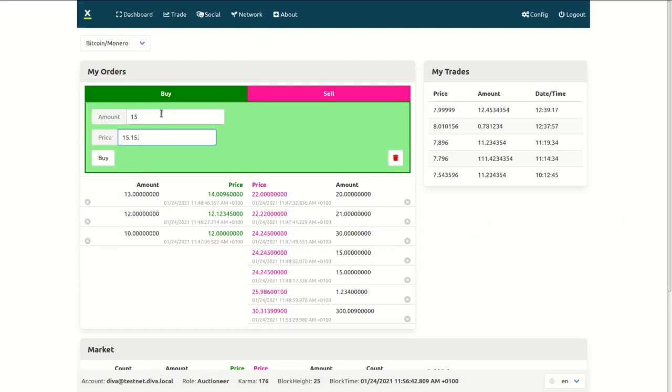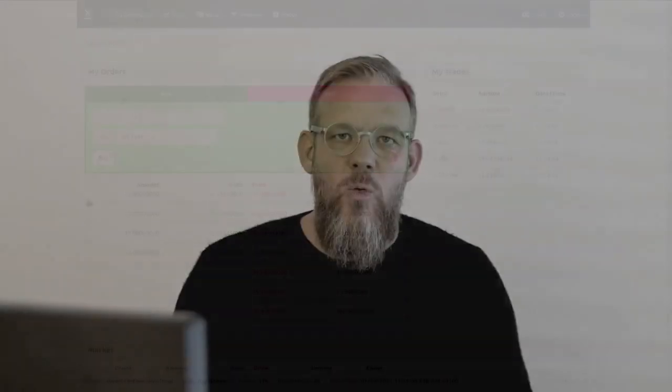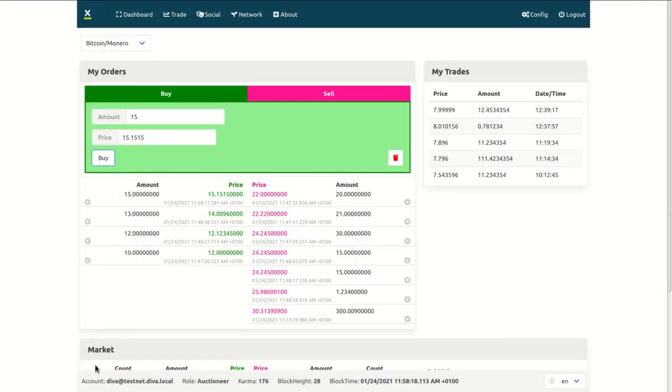For example, here it's the BTC Monero pair, just as an example. So you can add some buy orders and you can add some sell orders, and then your personal order book will be displayed and the order book of the market will be displayed below. The backend is then writing the data on the blockchain.